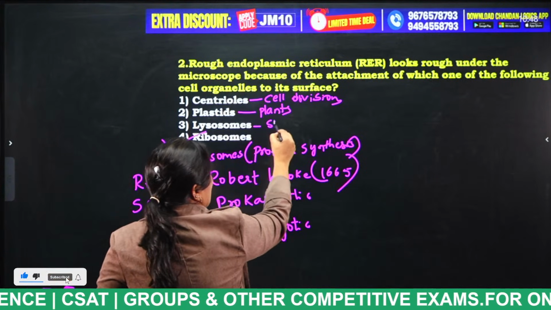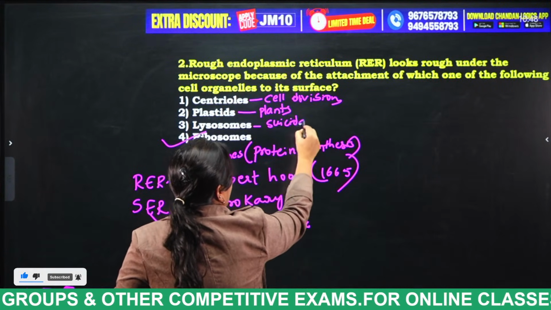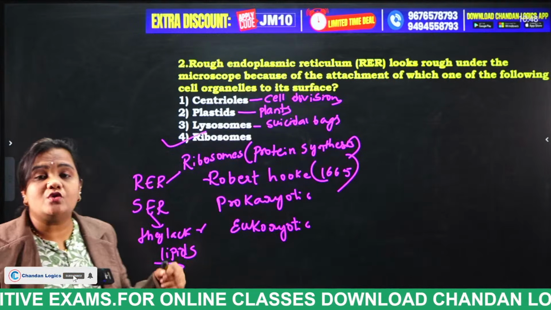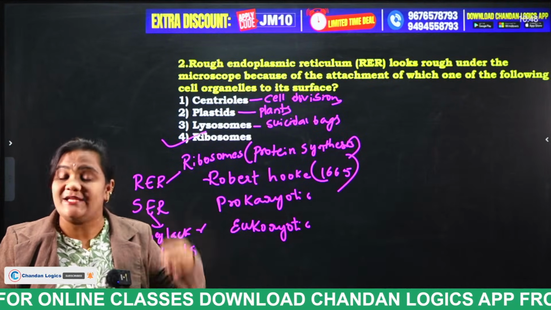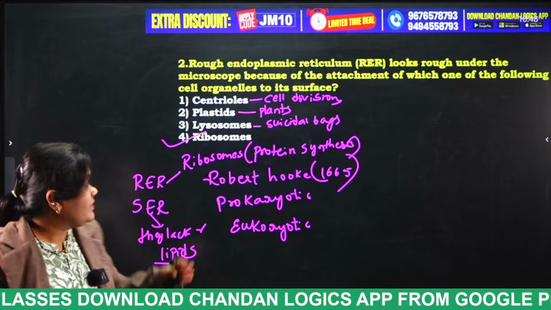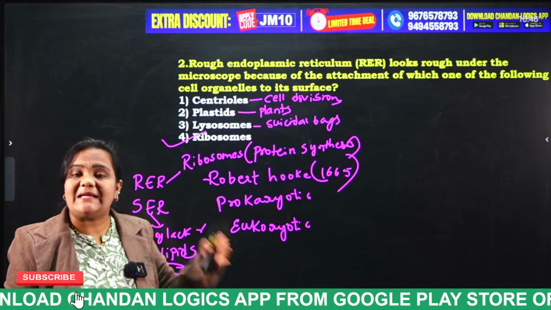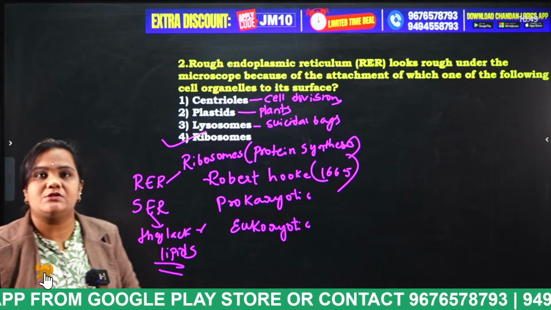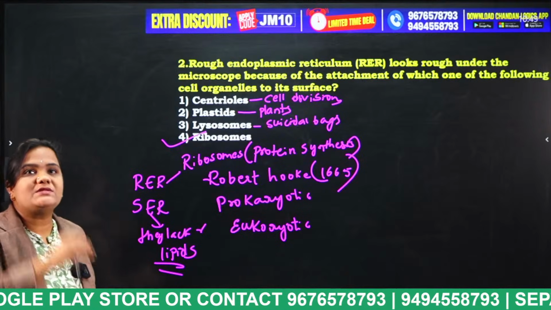Lysosomes are called suicidal bags. What is the function of lysosomes, students? They consist of digestive enzymes. Next, ribosomes, we all know they are considered protein factories, because they synthesize proteins. Okay, very good, students. Keep it up.